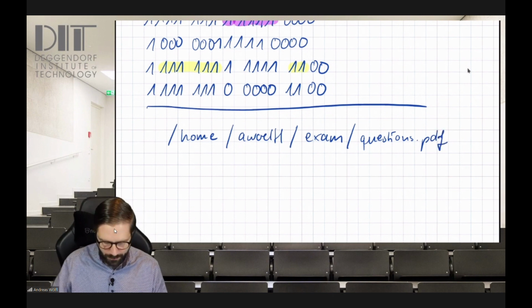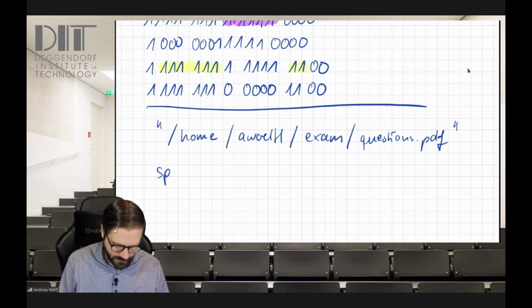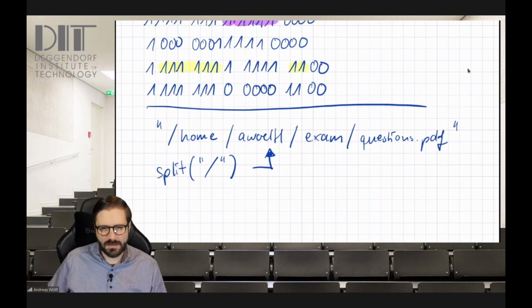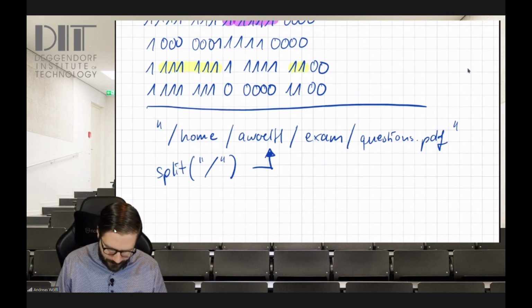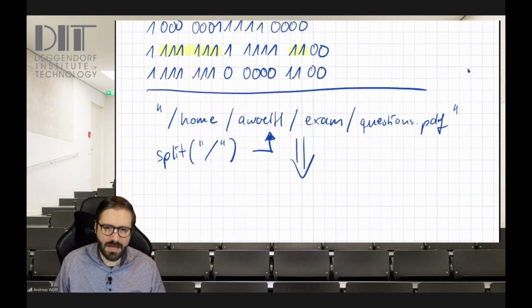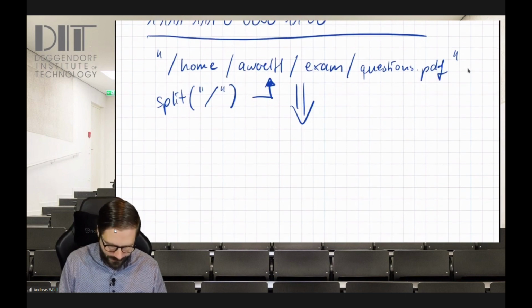So if you have a path in a string such as this, if you apply the split method on it, split with the delimiter / on this, what the split method does is it splits according to /, and the result is an array of the components.